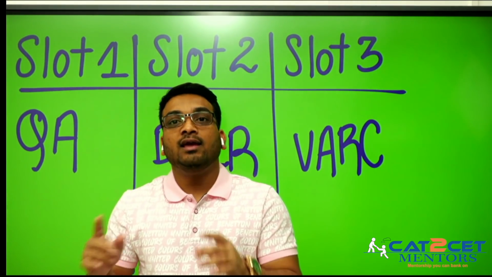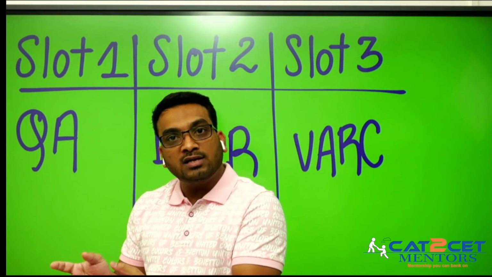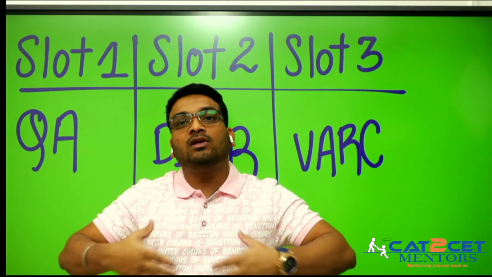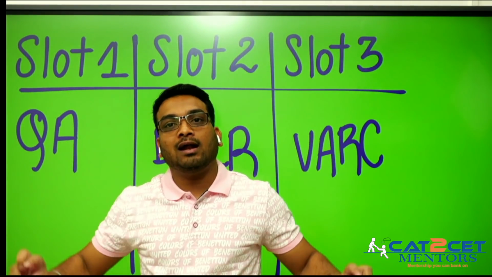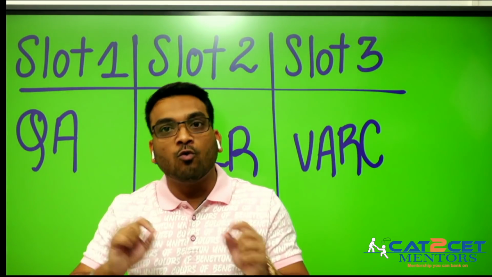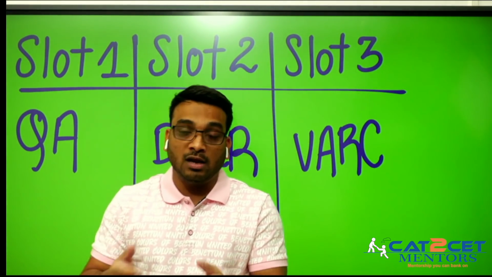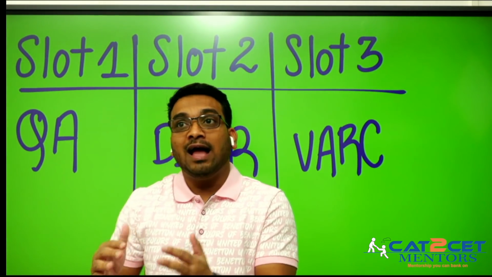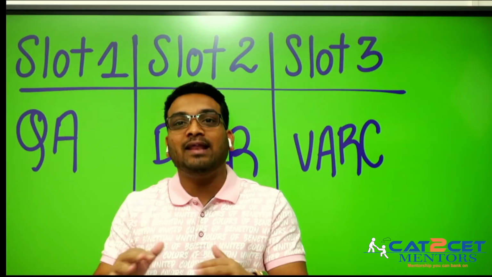In slot 3, if I'm losing some marks in VARC, I'm getting some marks in Quants and DILR. And that's what normalization is all about: they will bring all the levels of difficulty down to one single level. So your scores will be adjusted accordingly. None of these slots will have an extreme advantage as such. You getting the point? But again, guys, let's be rational.